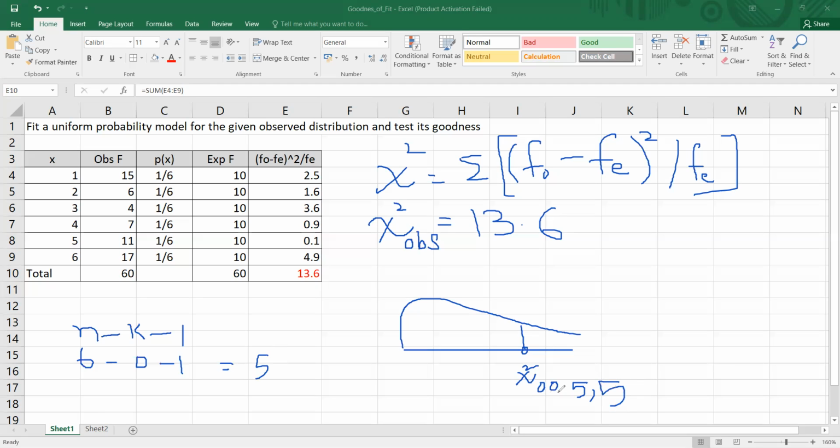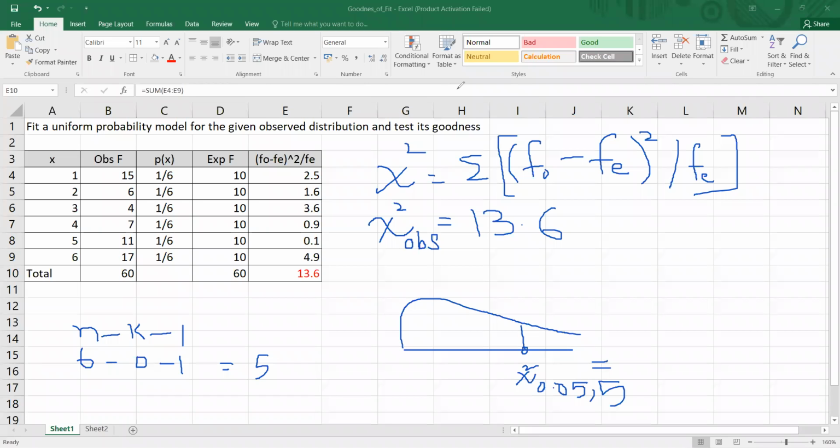This is 0.05. Now we have to find this value from the chi-square table.